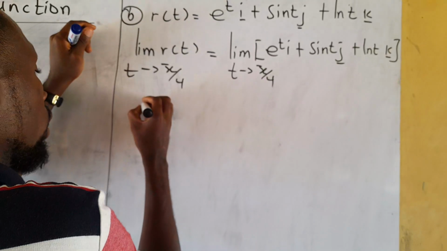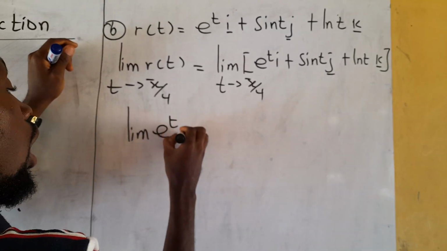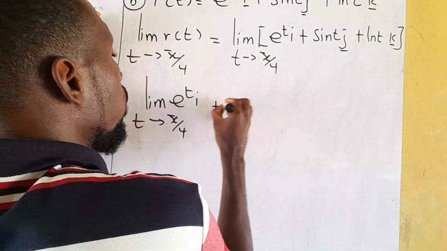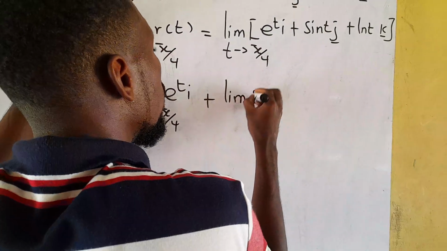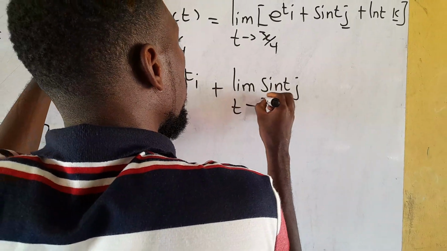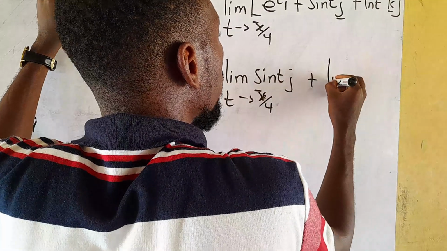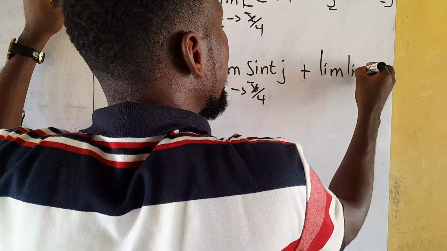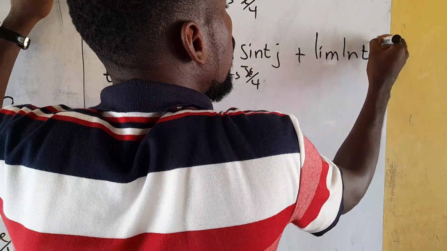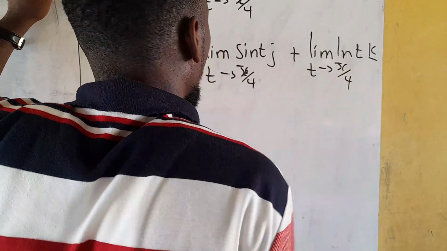So this will just be the limit of e^t i as t approaches pi over 4, plus the limit of sine t j as t approaches pi over 4, then plus the limit of ln t in the direction of k as t approaches pi over 4.